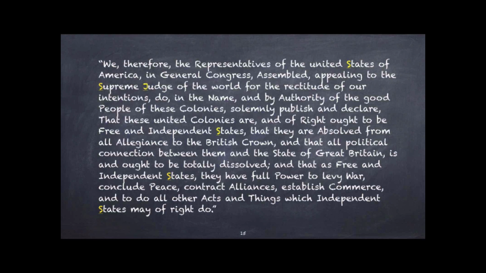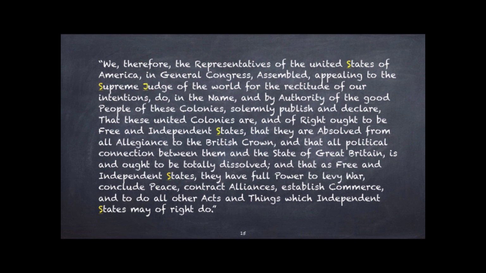So let's take a look here at the actual verbiage. We therefore, the representatives of the United States, notice you don't see it very well up there, unfortunately, but I can see it right there. States, capital S, of America, in General Congress assembled, appealing to the Supreme Judge of the world for the rectitude of our intentions, do in the name and by the authority of the good people of these colonies, solemnly publish and declare.